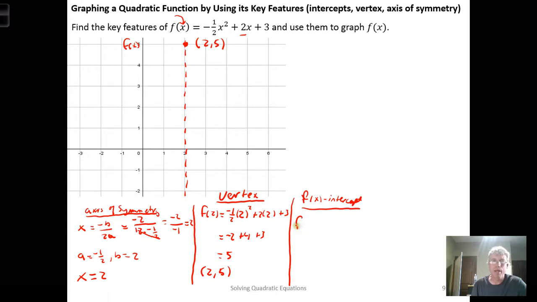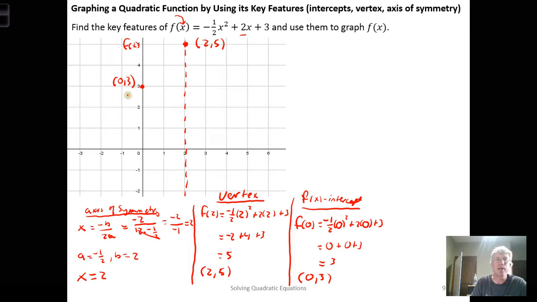And we get that by inputting 0 for x, so we get negative 1/2 x squared plus 2 times x plus 3, but everywhere there was an x, we replaced that x with a 0. So we're going to get 0 plus 3, which is just 3. And again, the intercept is a location, so it is an ordered pair. Input 0, output 3.